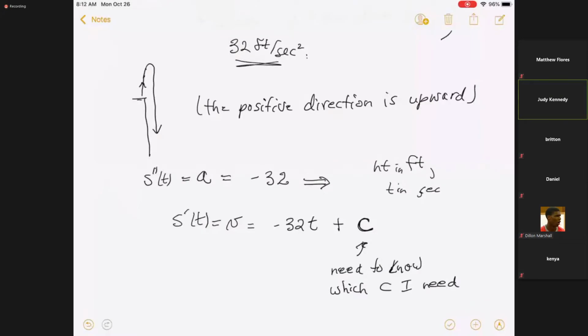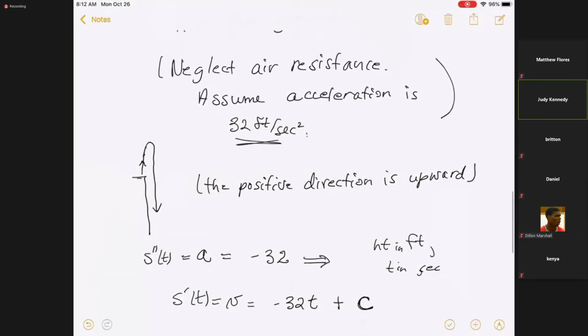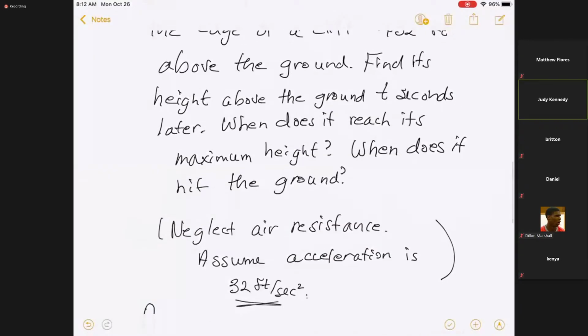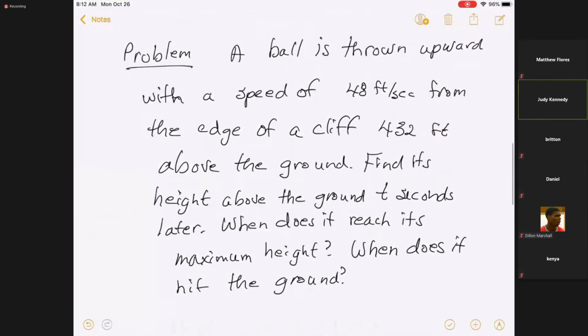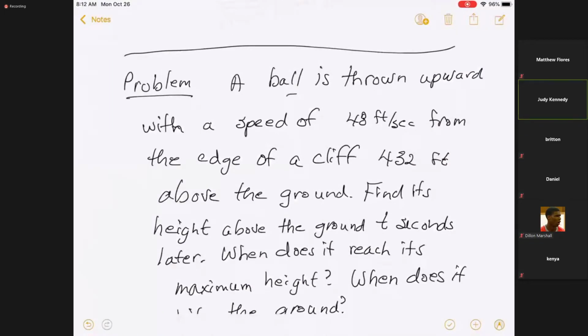Okay, so I need to know what C is, and what's going to tell me about that? Well, let's go back to the problem. It says a ball is thrown upward, that's in the positive direction, with a speed of 48 feet per second.